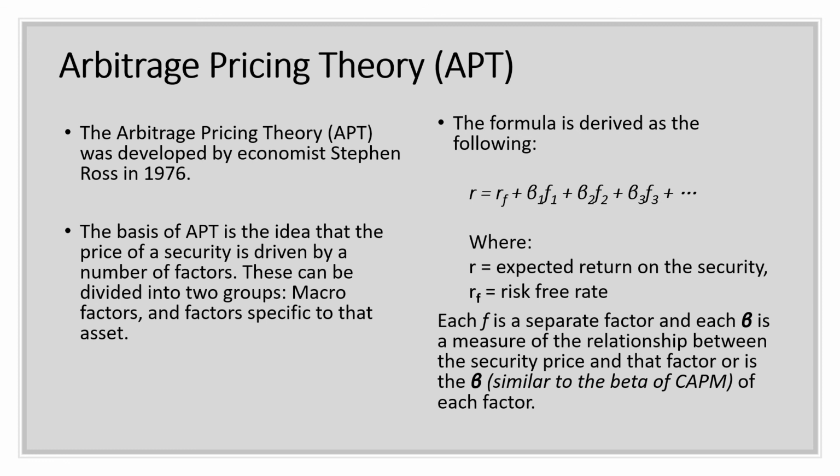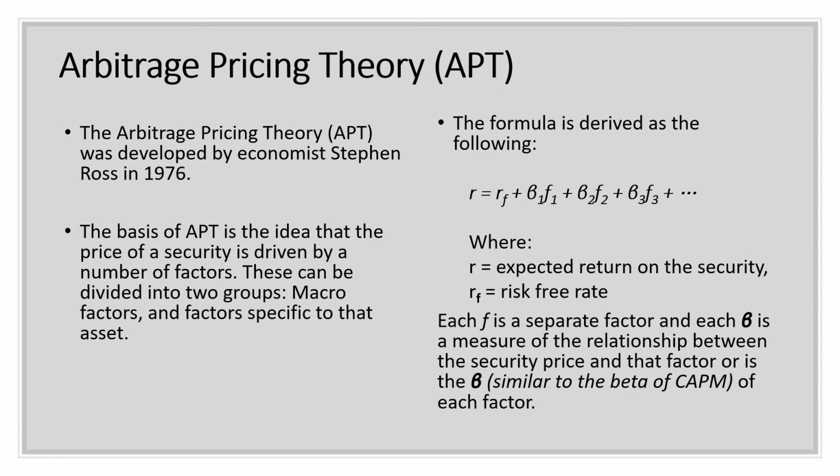So in 1976, Stephen Ross developed another model called arbitrage pricing theory, APT, as an alternative to the CAPM. The APT introduced a framework that explained that the expected theoretical rate of return on an asset or portfolio is driven by a number of factors.